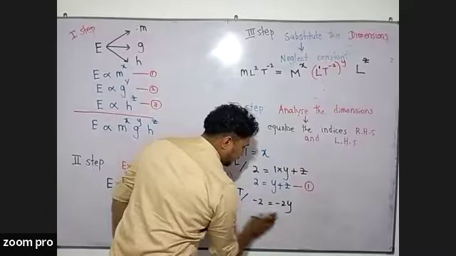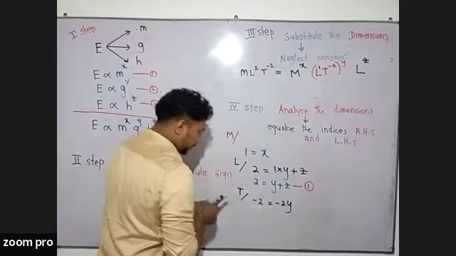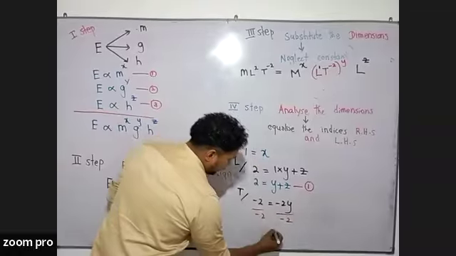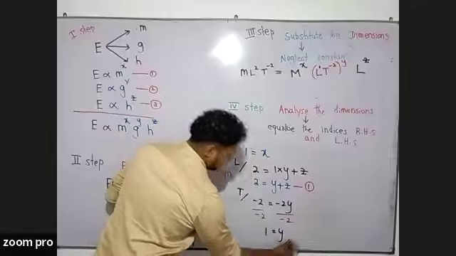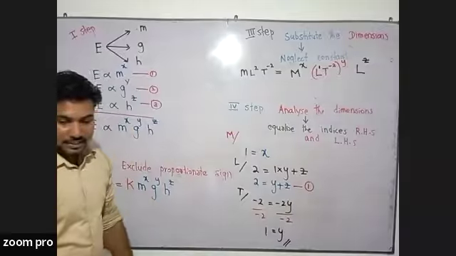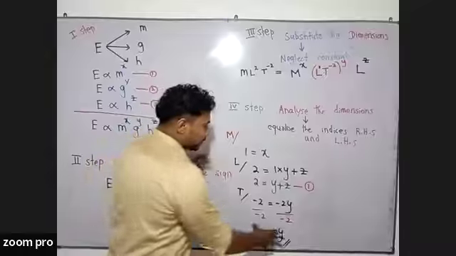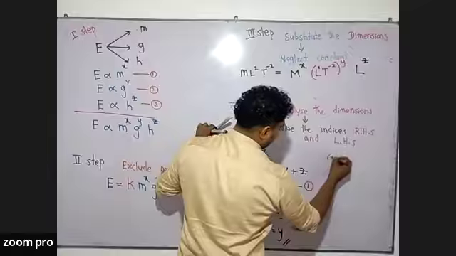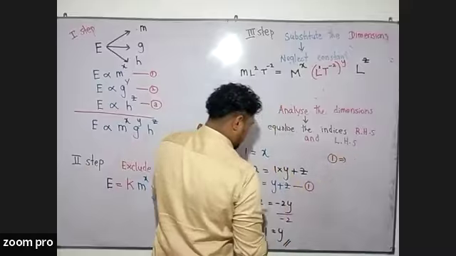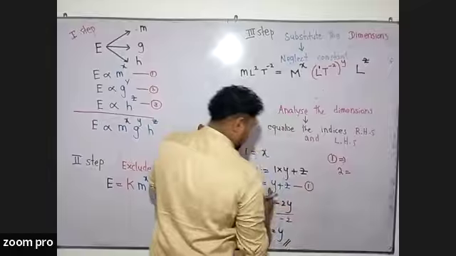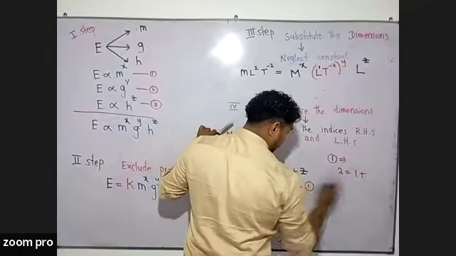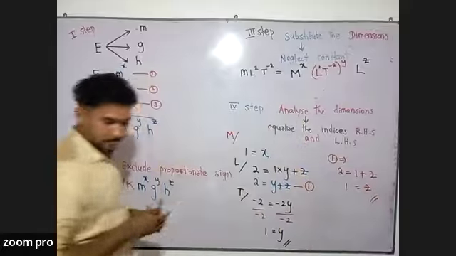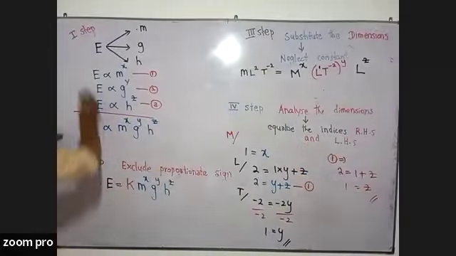Then if you divide both sides by -2, you can figure out that y equals 1. Right? So if you substitute the values in the first equation, 2 equals y, y means 1, plus z. So z should be 1. Right? Okay.